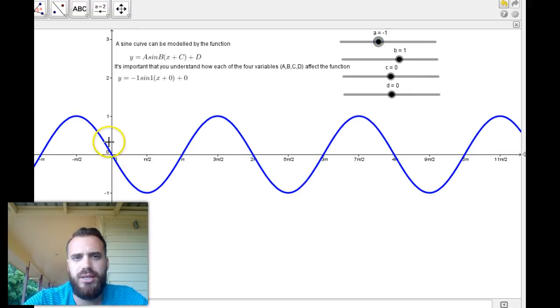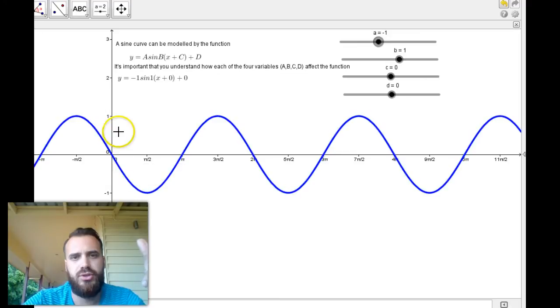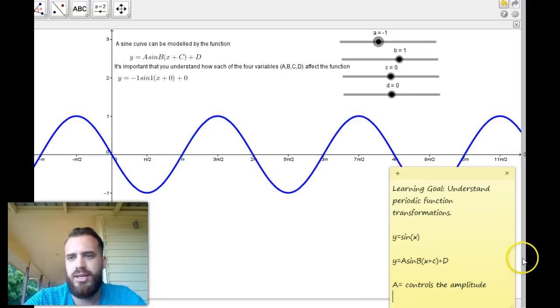You should be able to see here that what's happened is it's flipped about the x-axis. It used to be like that, starting at 0 and moving upwards from there. Now it's starting from 0 and moving downwards from there. So a controls the amplitude, and a negative a flips the function.